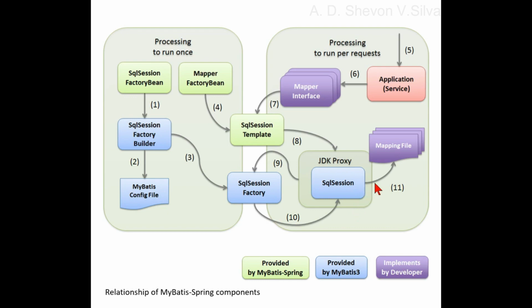Eleven, MyBatis standard SQL session fetches the SQL to be executed from the mapping file and executes the SQL. Transaction control, although it is not explained in the flow: the commit and rollback of the transaction is performed by Spring transaction control function.